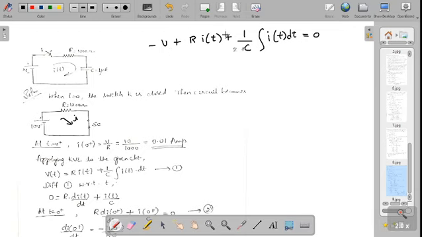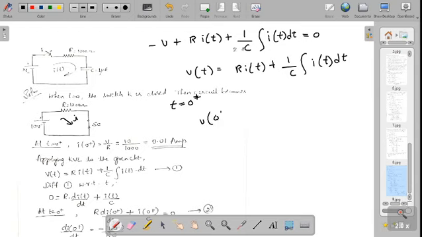Next you move V to the other side. So you can write this as V of t equals R into I of t plus 1 by C integral of I of t dt. Now we need to find this at time t equal to 0 plus, so you replace t by 0 plus.